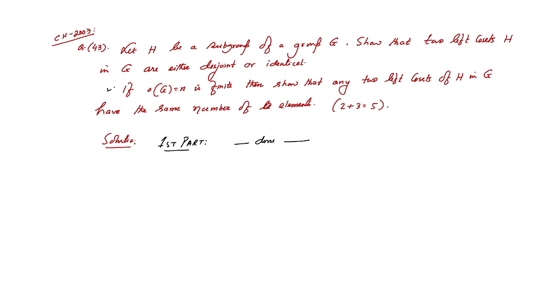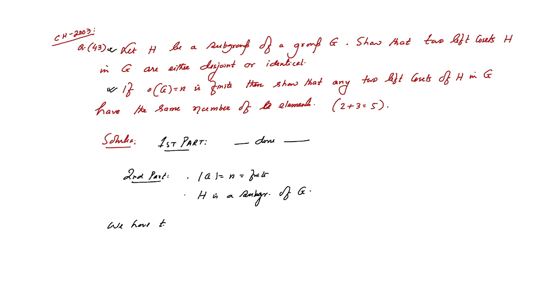Now the second part. If the order of G equals N is finite, then show that any two left cosets of H in G have the same number of elements. What is given? The order of G is given as N, and N is a finite number. And it is given H is a subgroup of G. And from that, what we have to show?